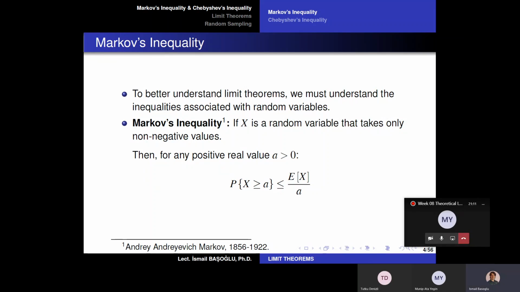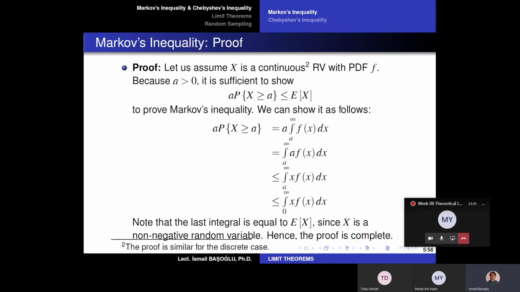Okay, it is always true, and we can in fact prove that. We can prove Markov's inequality. So let us assume that x is a continuous random variable with probability density function, and it is non-negative. I would be able to do the proof for the discrete case, but the discrete case is just going to be similar.